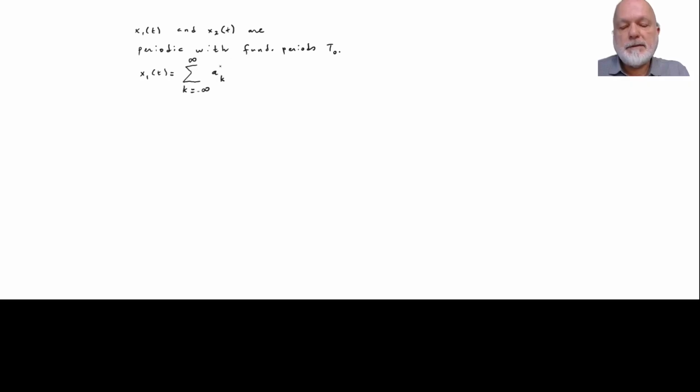Now, to show that these coefficients belong to x1 of t, let us use the superscript 1 to denote this, e to j k omega 0 t, and x2 of t also has a Fourier series representation, say k from minus infinity to plus infinity, and let us use the superscript 2 to denote that the Fourier coefficients belong to x2, e to j k omega 0 t.